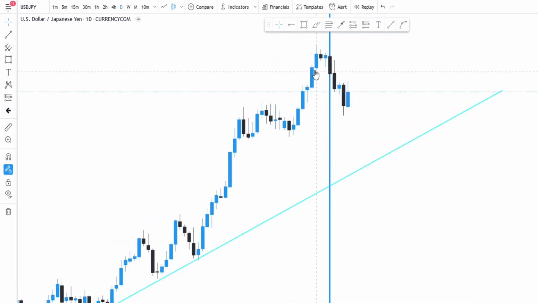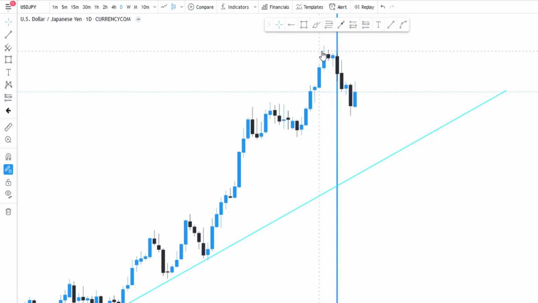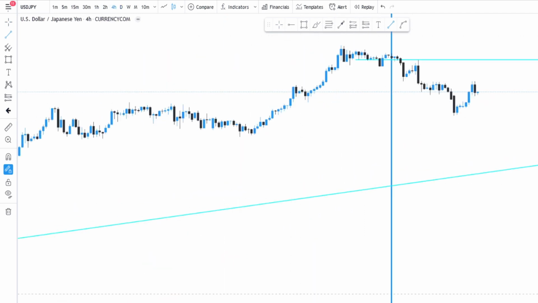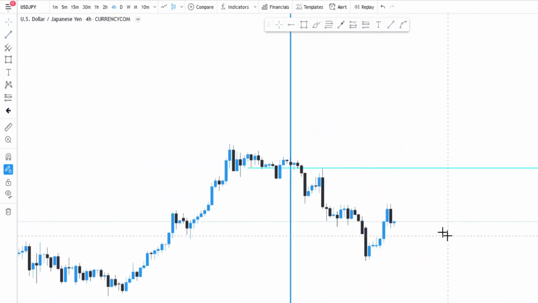So here potentially the market is reversing due to these rejections at this price, this psychological level. Let's draw a horizontal trend line here. So let's go to the 4 hour to see how the market has gone this week.